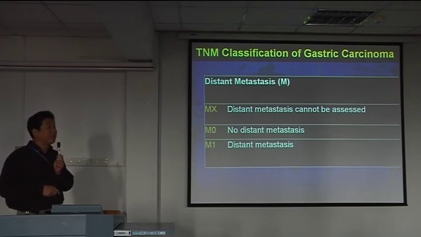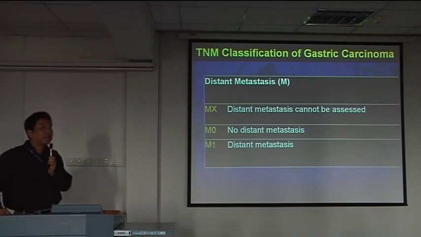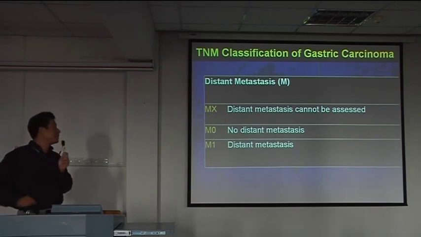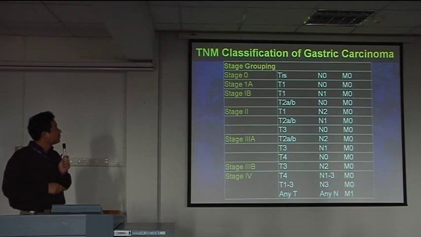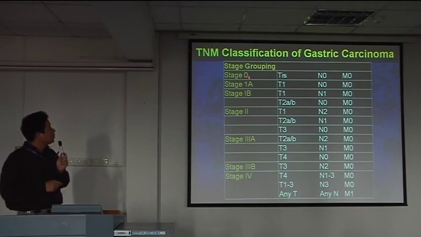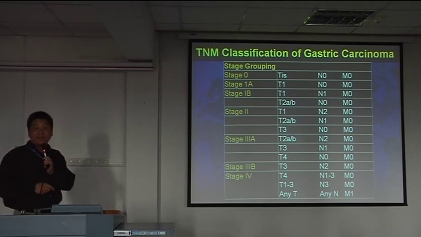Some lymph node metastases are also called distant metastasis, such as aortic, para-aortic lymph nodes are regarded as distant metastasis. This is the staging: stage 1, stage 2, stage 3, stage 4. This is a combination of the T and N.